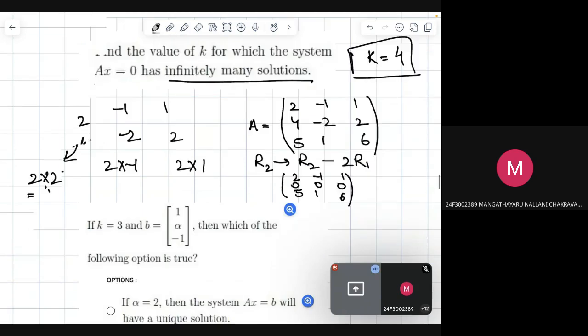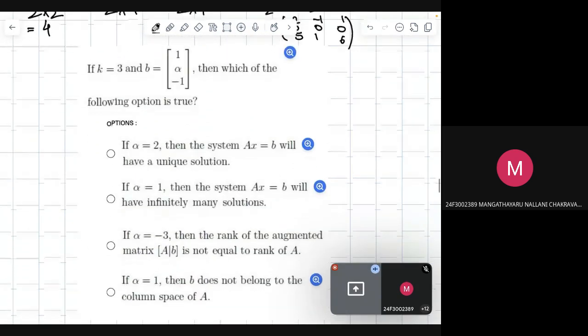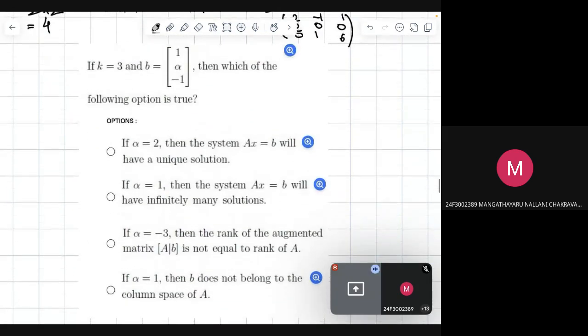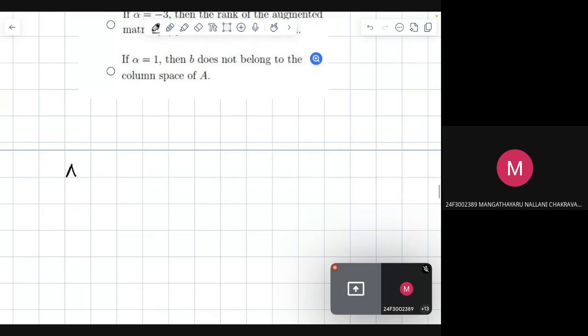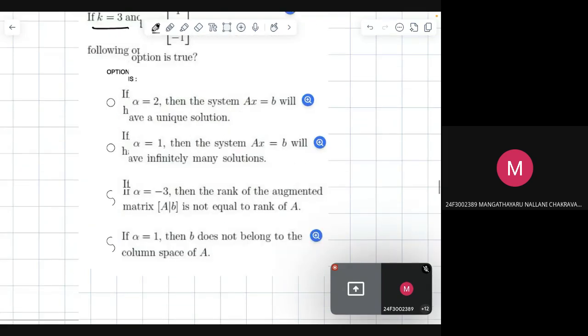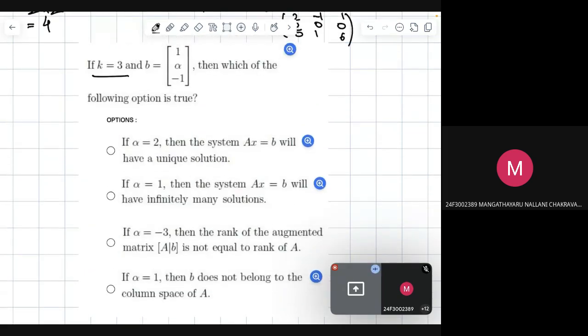Now let's look at the next question. The next question gives us k equal to 3. If k equal to 3, then A becomes 2 minus 1 1, 3 minus 2 2, 5 1 6. Next we have the column b as 1, alpha, minus 1.